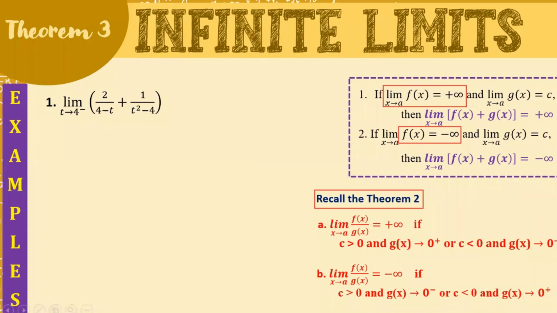Now, let's have the example. We have the limit of 2 over 4 minus t plus 1 over t squared minus 4. That is the function. We will denote 2 over 4 minus t as the f of x, and this one will be the g of x. Again, the first term will be the f of x and the second term will be the g of x.